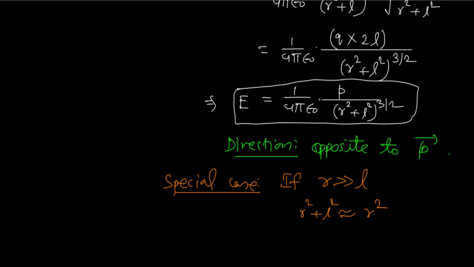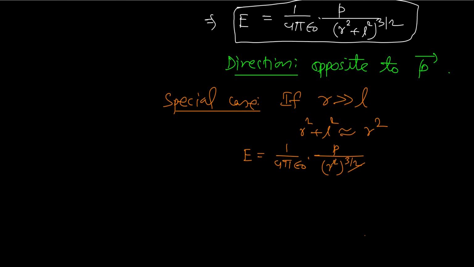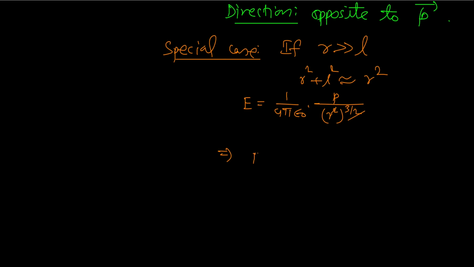So you can write E is equal to 1 upon 4 pi epsilon naught p divided by R square power 3 by 2, so this 2 will get cancelled, and for the net electric field you will be left with the expression 1 upon 4 pi epsilon naught p divided by R cube.